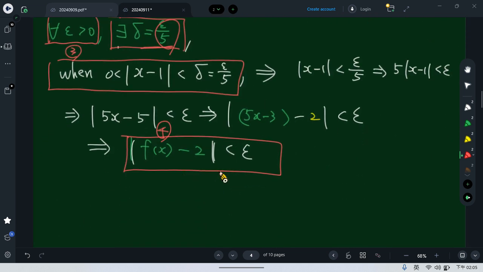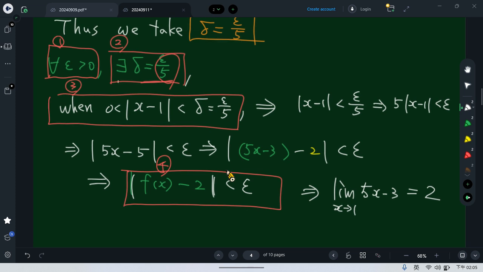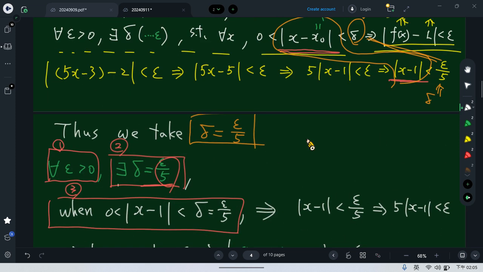Then we can conclude that the limit as x approaches 1 of 5x minus 3 is 2. This is L.